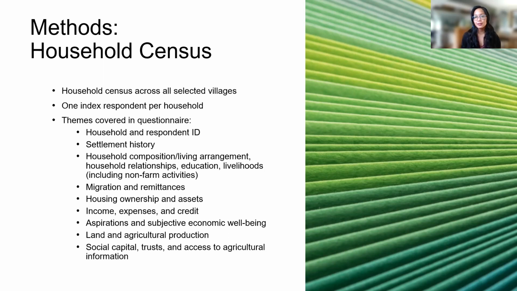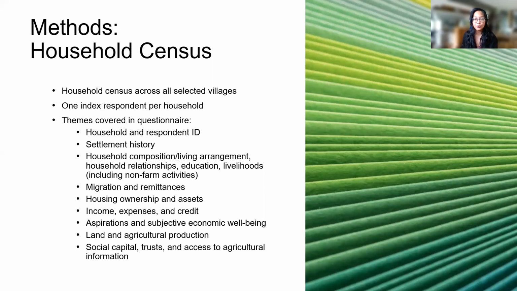The household census is meant to be a full enumeration of all the households in the study sites. The interview is to be conducted with an index respondent in a particular household, and the census questionnaire is organized along 9 major themes.